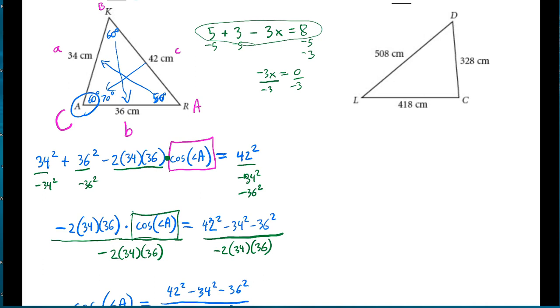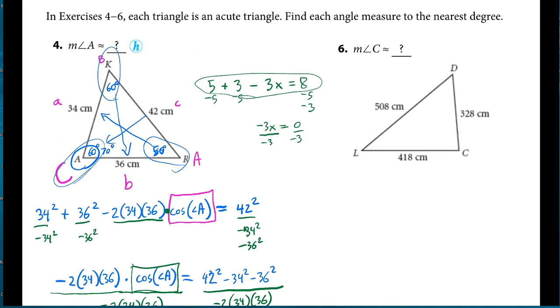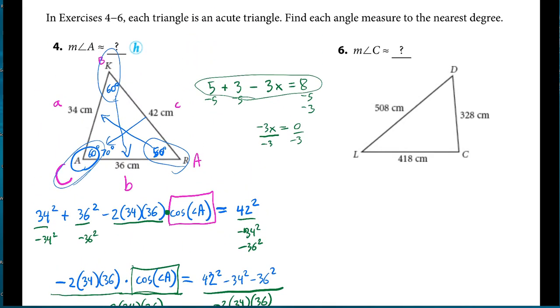So if I were to ballpark this, I would have said at the beginning, this angle's about 50, this one's about 60, and this one's about 70, and then we ended up getting about 73.68 degrees. So just so you can go back and check, yeah, that would be the biggest of the three angles. They're all pretty similar, just as a check, okay?